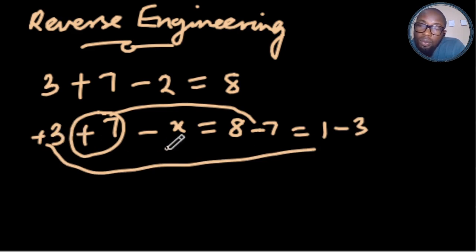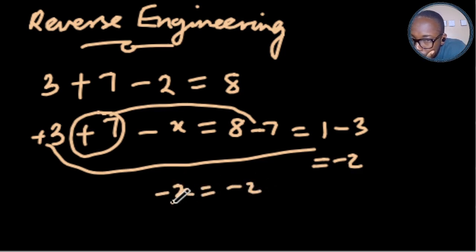You see, what we are doing is that we are going backwards and we'll be doing the opposite of every operation that we did. Okay, so 1 minus 3 will give us minus 2. Well, this number, minus x equals minus 2.